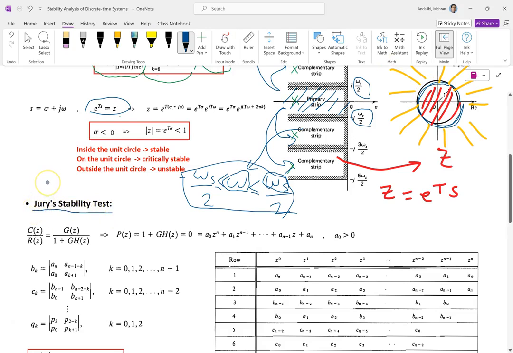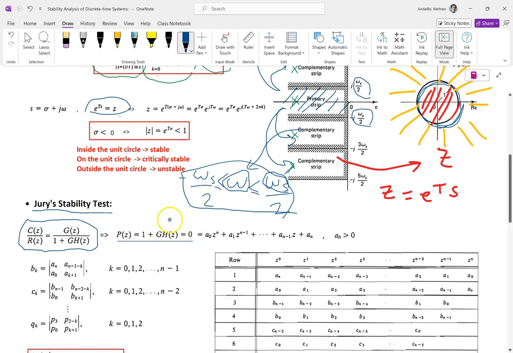This is kind of like the Routh-Hurwitz test that we had for the S-domain, right? For continuous systems. And we formed a table. This is very similar. Here you also form a table. And this is also for a transfer function. So here we assume that your transfer function C over R is G over 1 plus GH. So basically your characteristic polynomial is the denominator, 1 plus GH equals 0.